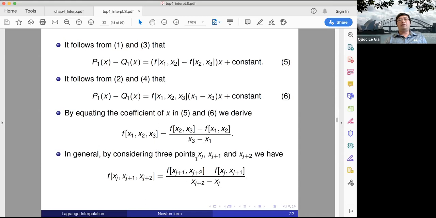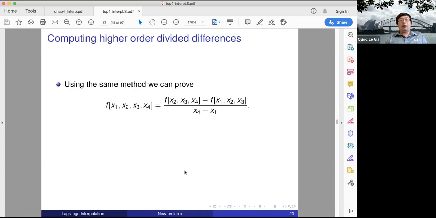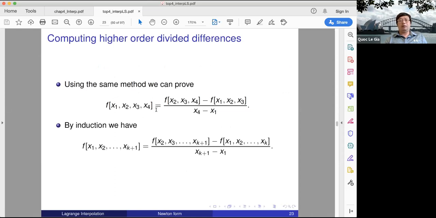Similarly for j plus 1, j plus 2, you get this. And you can prove it in similar ways for divided differences for 4 points and for k plus 1 points, by induction. So that is how you compute the divided difference coefficients.